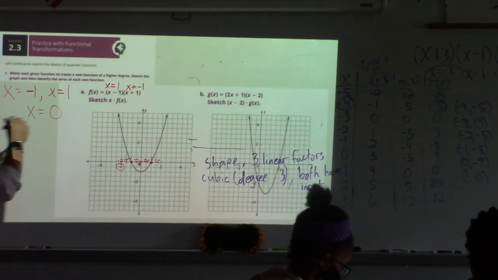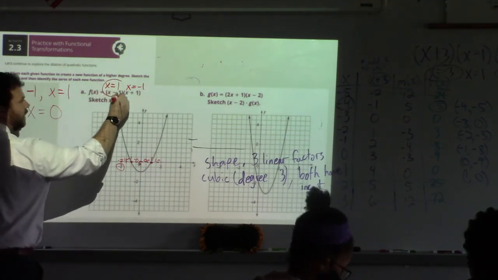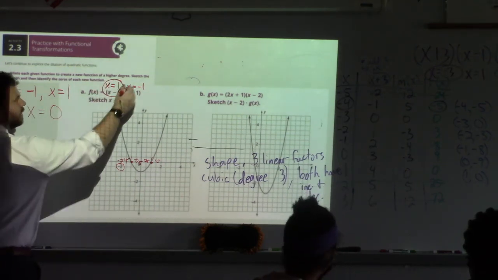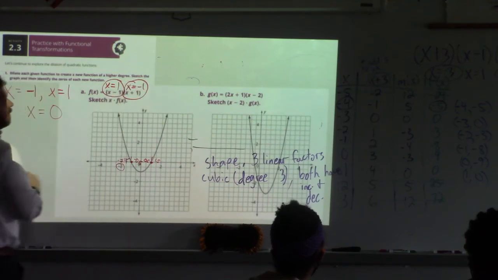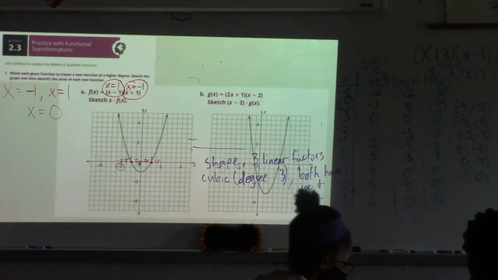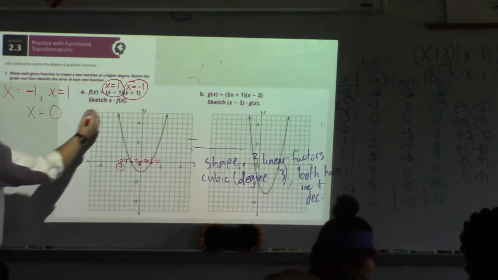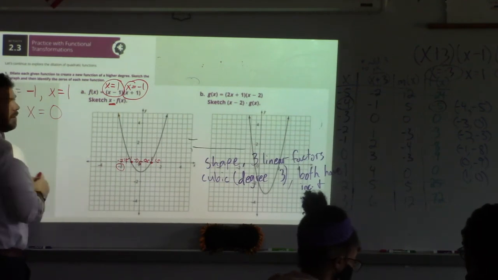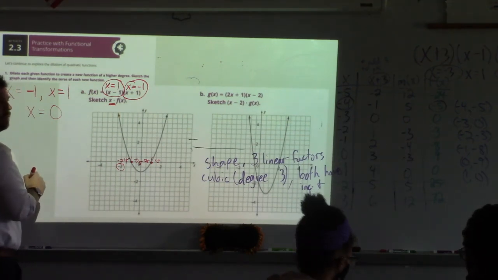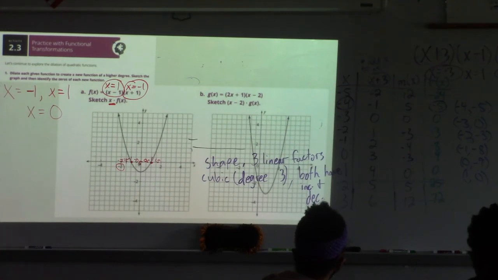So I want y'all to remember, this 0 came from here. This 0 came from here. What's my other linear factor? Isn't that the new linear factor that we're dilating by? And remember, the way that we find zeros is by setting the linear factor equal to 0. So it's x equals 0.